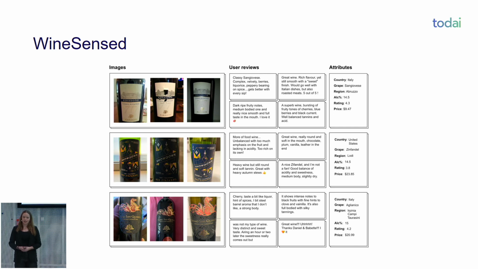We did this by collecting a data set that we published with the name WineSensed. WineSensed has close to 900,000 images along the same number of user reviews, attributes such as country, region, alcohol percentage, etc., for a subset of these, alongside human annotations of flavor.